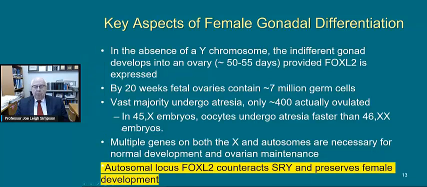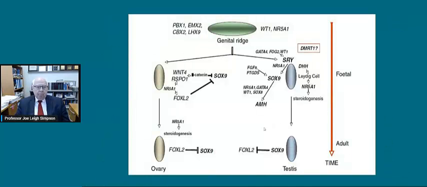The only real difference between 46XX normal women's ovaries and 45X Turner syndrome ovaries is that the attrition is much more rapid in 45X than in 46XX. And it turns out that there are many genes on the X and many genes on autosomes that are necessary for this ovarian development.